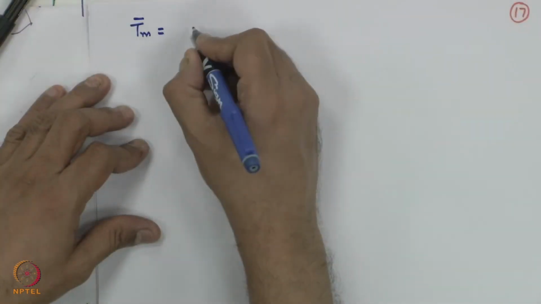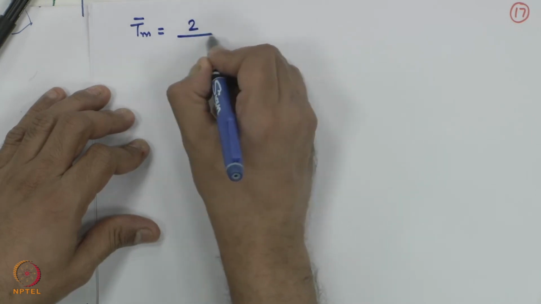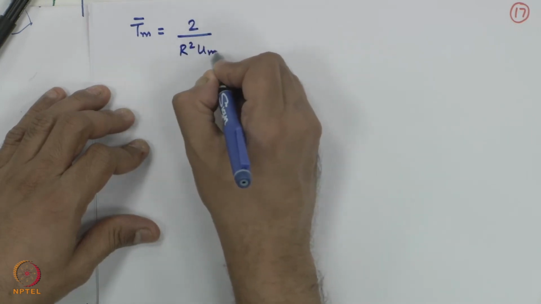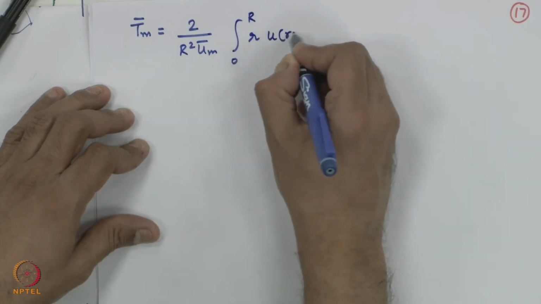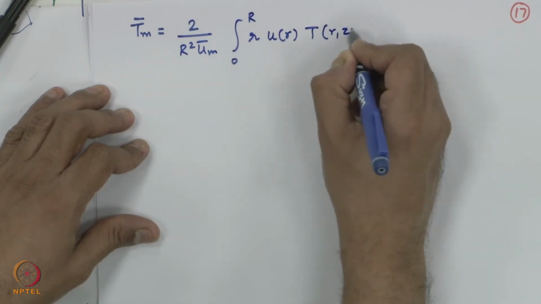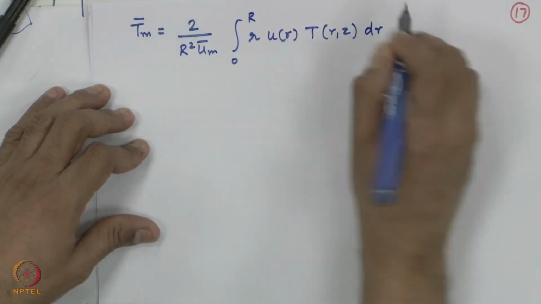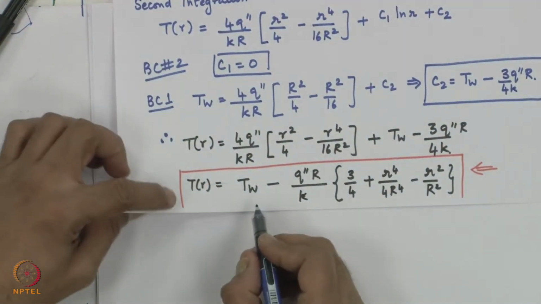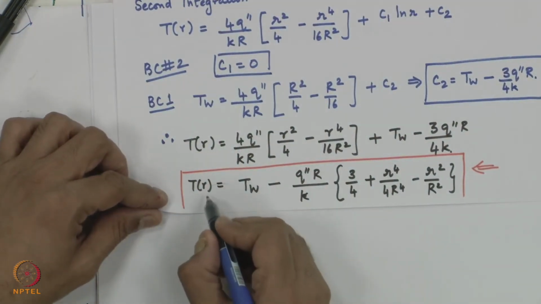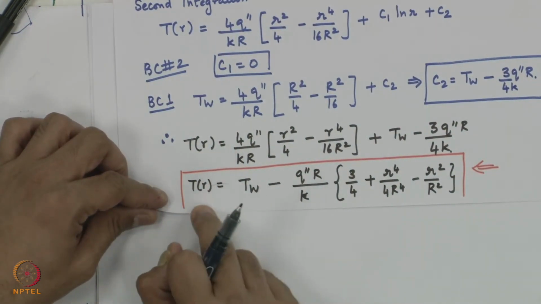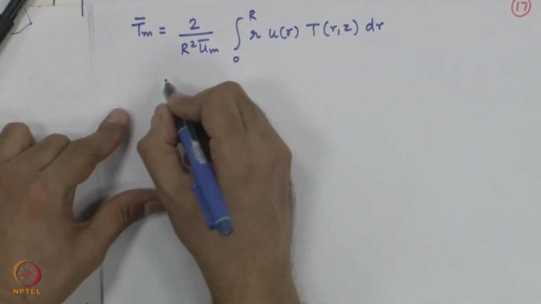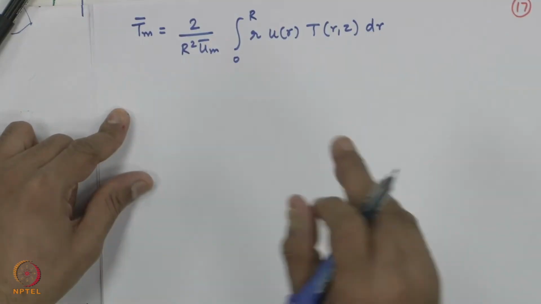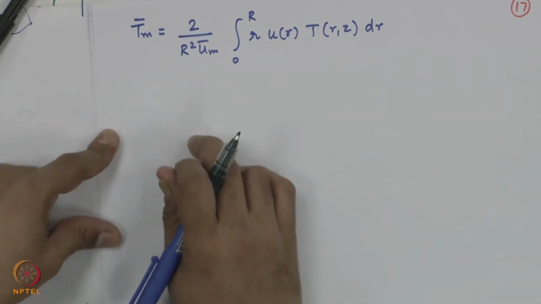So, T bulk mean temperature, we have derived the expression and it comes out to be 2 by R squared bulk mean velocity integral 0 to R, r u of r T of r comma z dr. Please remember, this is at a given location, you fix the z location. So, this is T of r comma z in effect. So, this I substitute, I just show the substitution, I will leave the maths for you to work out.